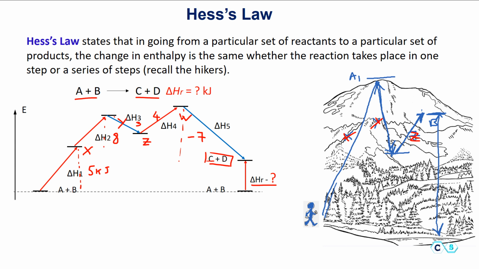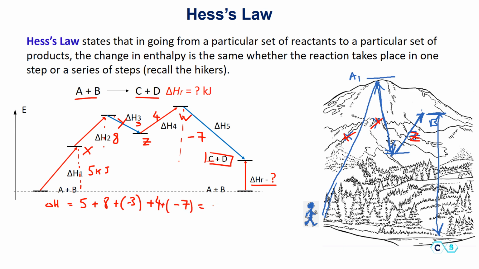If I add all of these together, the delta H of the reaction will be the sum of the enthalpies of all these reactions. So I'll have for reaction 1, 5, and then for the second one I have 8, and then here it's -3, it's an exothermic reaction, and I can add 4 here, and then going down 7 again.